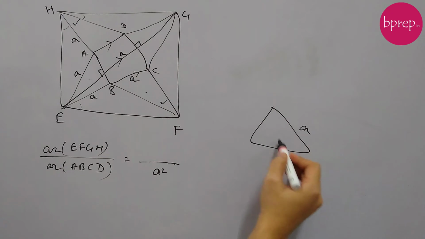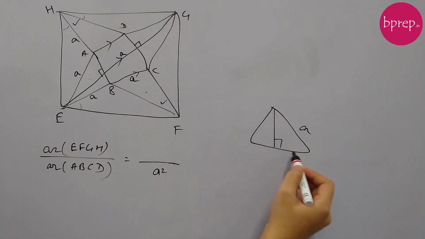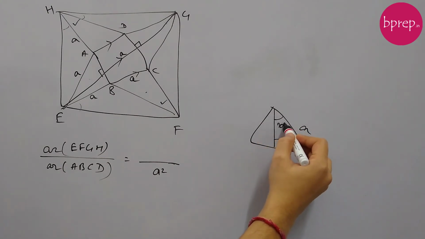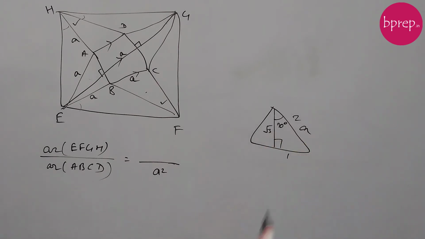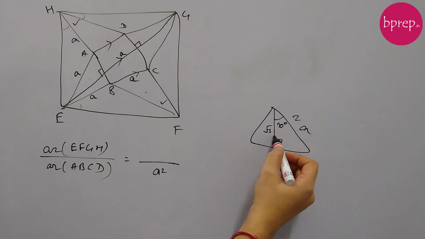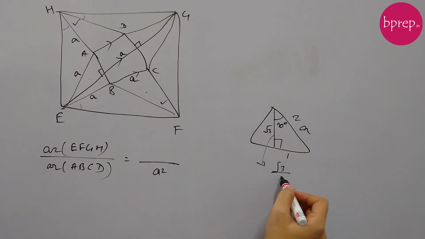If this is an equilateral triangle of side A, so this perpendicular, this will be 30 degrees, right? So if this is 30 degrees, the sides will be root 3, 2 and 1. This is what we write. So if this is A, then this altitude will be root 3 by 2 A, right, for an equilateral triangle.